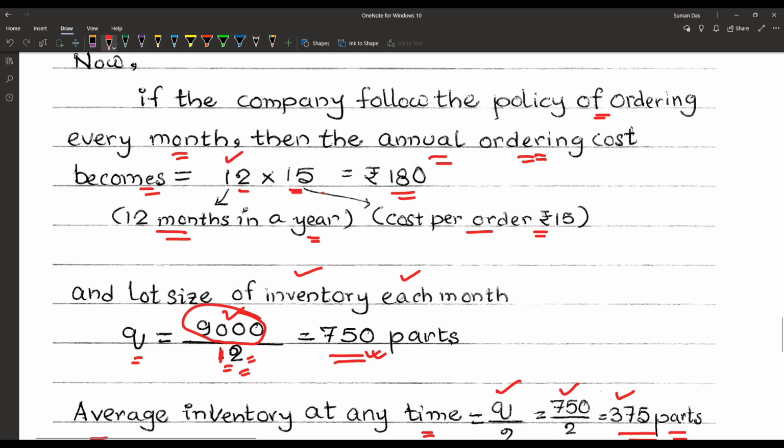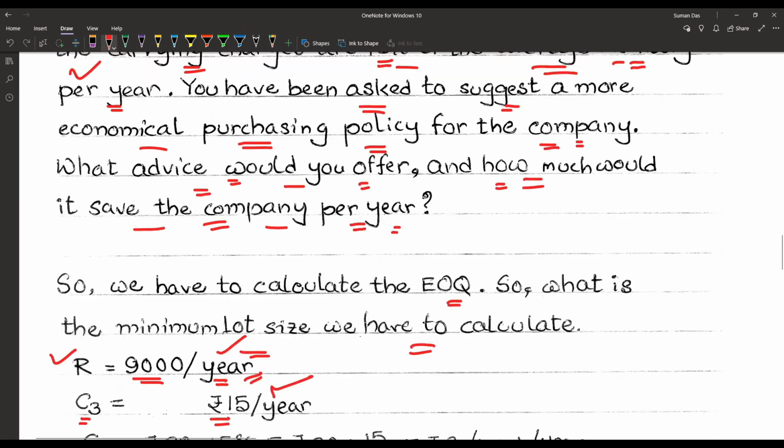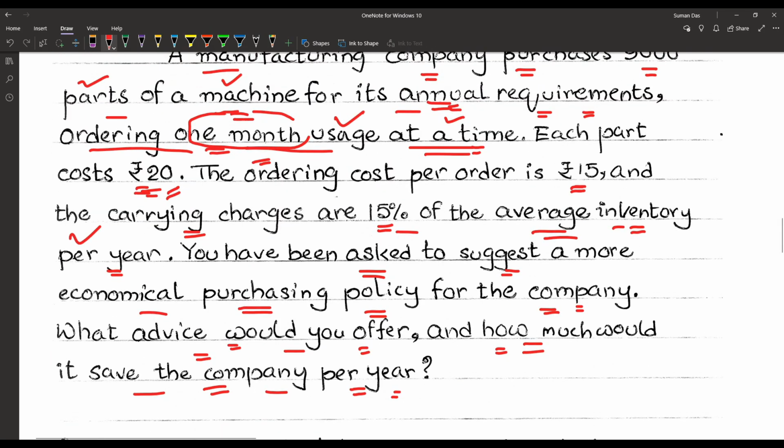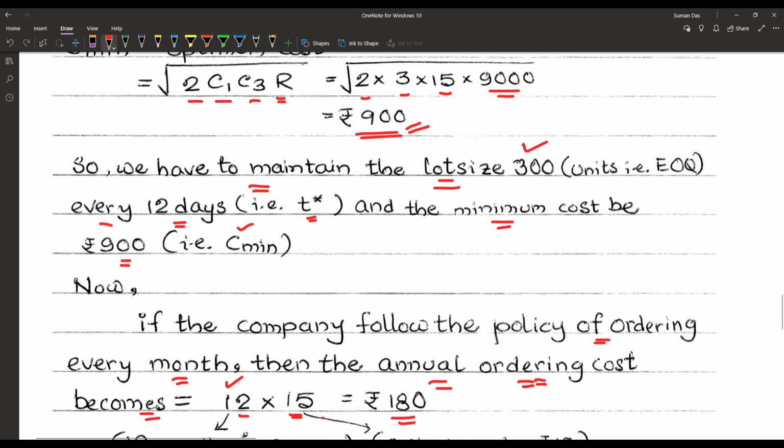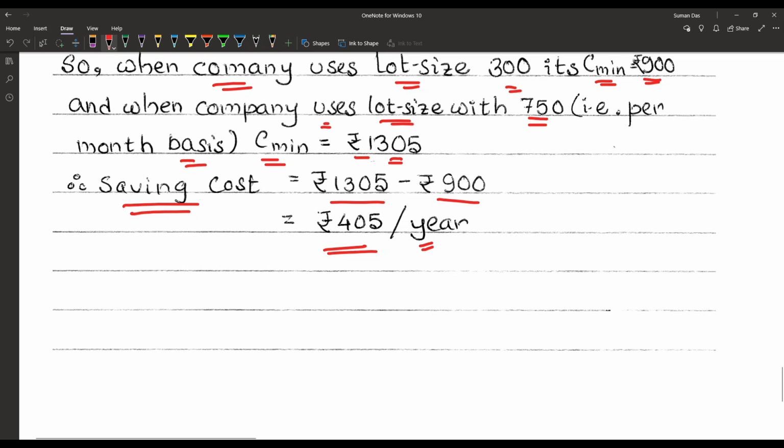So our advice must be that we should use the lot size based on the uniform annual demand rate, not on a per month basis. That will save the company rupees 405 per year. And in that way we can solve model 1B for the deterministic model of inventory control.